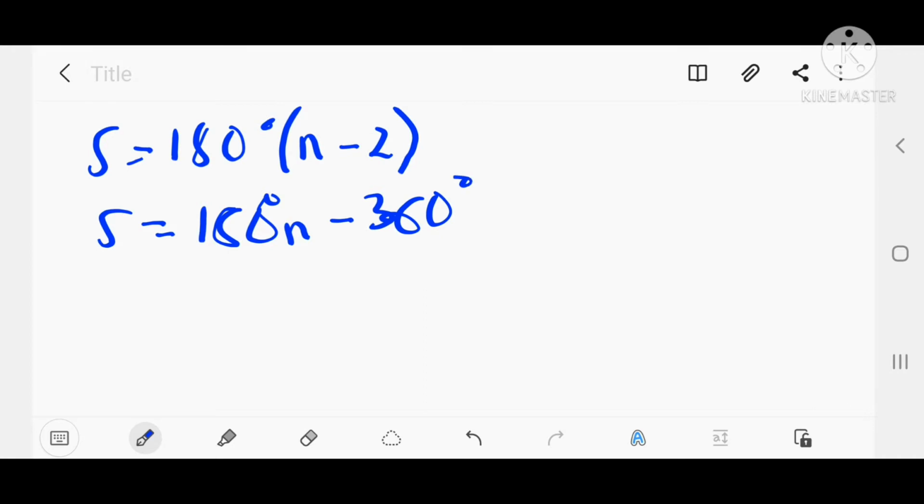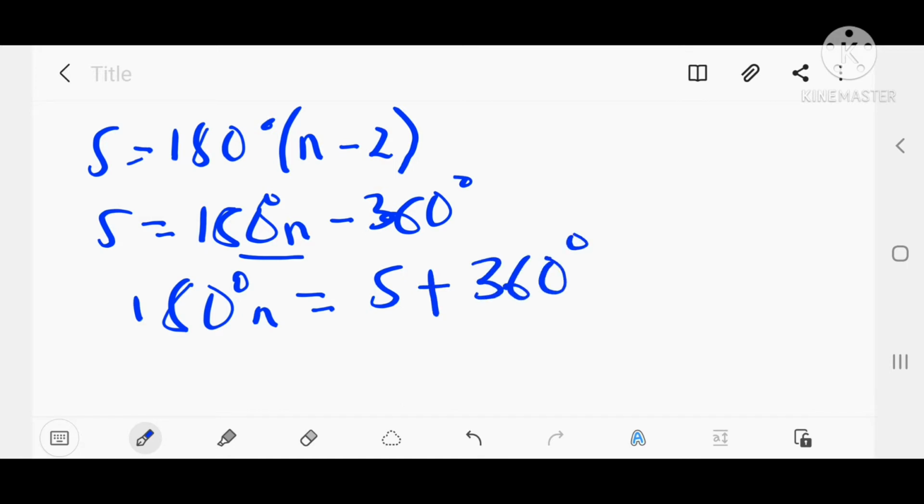Making n the subject, we have 180 degrees n equals x plus 360 degrees. Divide both sides by 180 degrees. We have n equals (s plus 360 degrees) on 180 degrees.